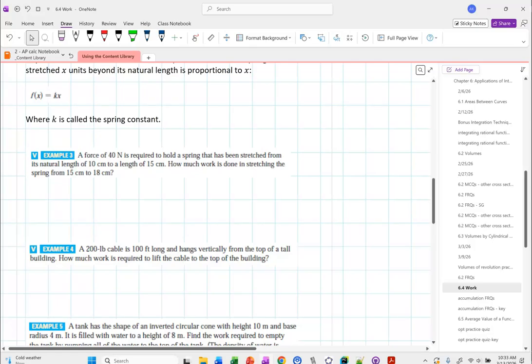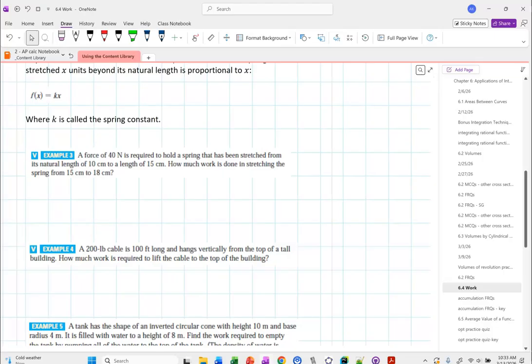So example 3 is going to be using Hooke's law. It says a force of 40 newtons is required to hold a spring that has been stretched from its natural length of 10 centimeters to a length of 15 centimeters. What is that first sentence going to be used to do?